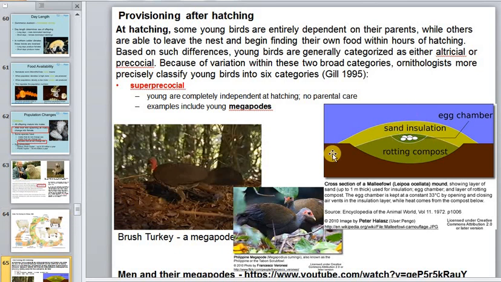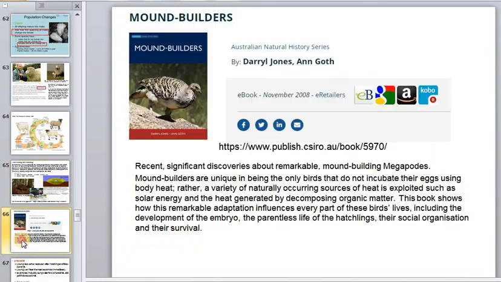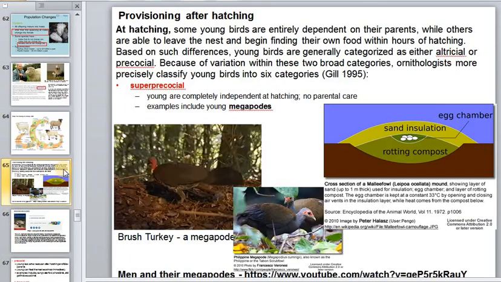It just lays eggs in this huge compost mound and does not give any care, goes away, and the high temperature sends the eggs into incubation. The egg chamber can continue their development, and after that the young are completely independent at hatching, with absolutely no parental care.